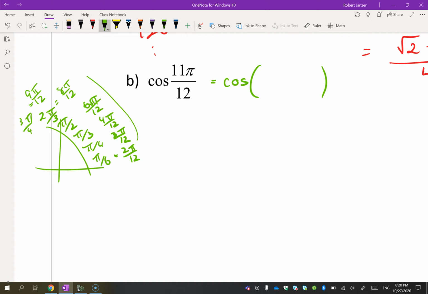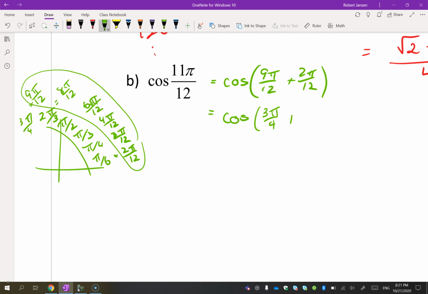So do any of these add up to 11 pi by 12? Well, I have a couple of choices there. I could choose 9 pi by 12 plus 2 pi by 12, or I could pick 8 pi by 12 plus 3 pi by 12. They would both work. Okay, now I'm going to change these back to what they actually are. This is 3 pi by 4, and this is pi by 6.